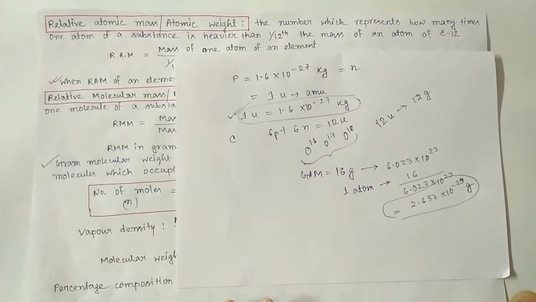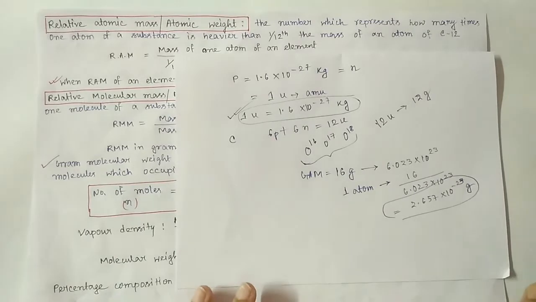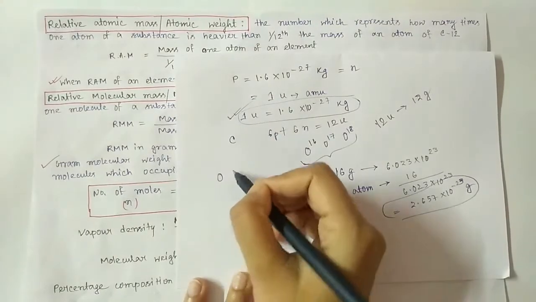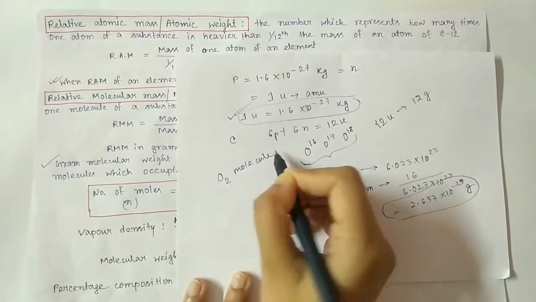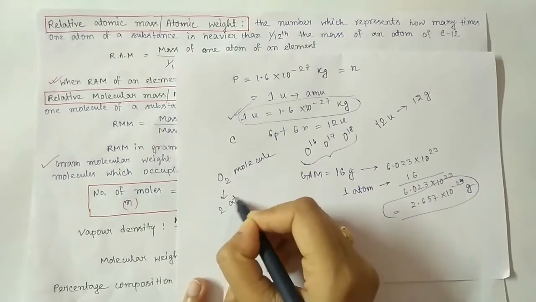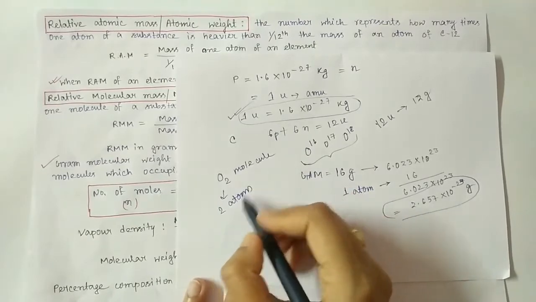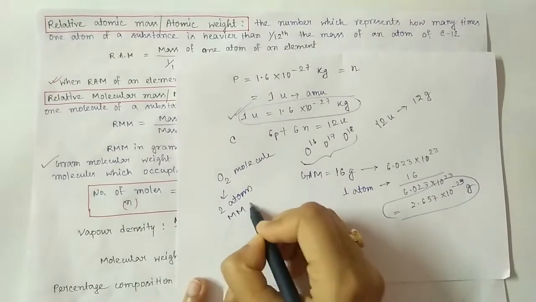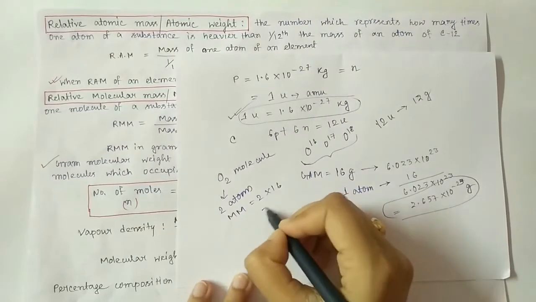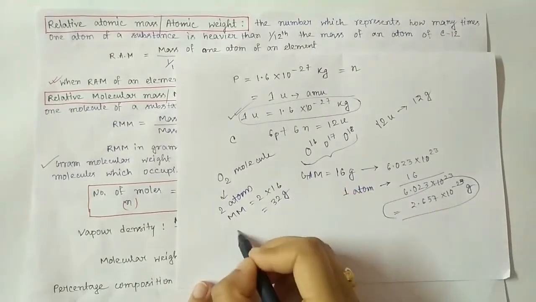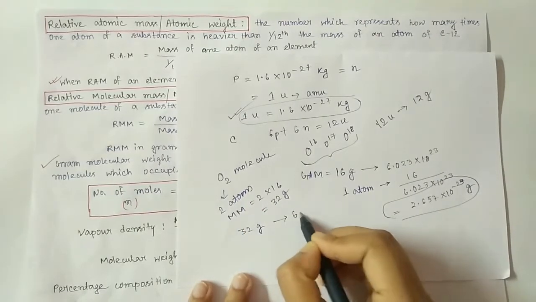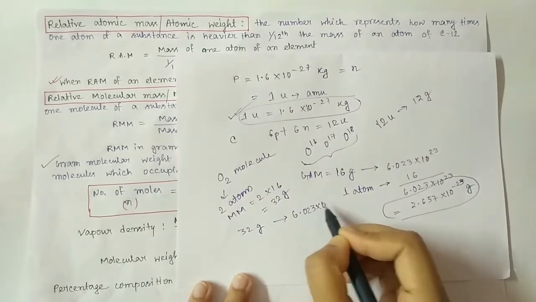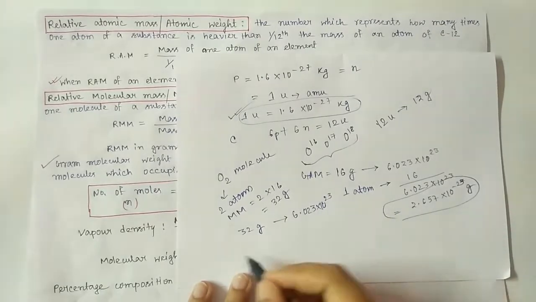Now if you are asked to calculate the mass of one molecule of oxygen, I have told you that the oxygen molecule is O2, as it has two atoms of oxygen, so its molecular mass will be 2 into 16, that is 32 gram. So 32 gram of O2 has 6.023 into 10 to the power 23 number of molecules.